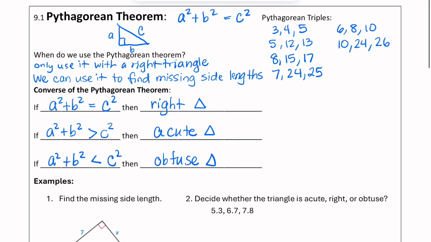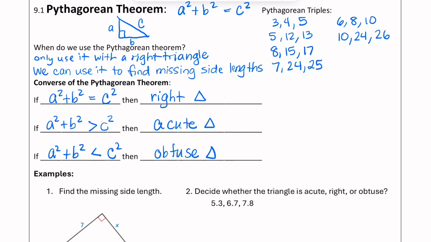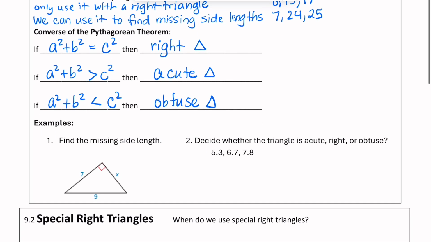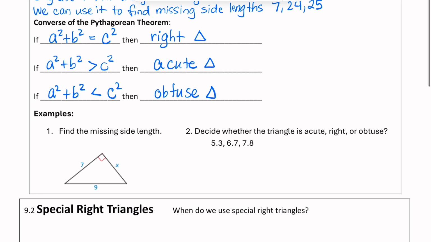Okay, so here's a couple examples of when we can use the Pythagorean theorem. In number 1, it wants us to find the missing side length. So remember, we're using a squared plus b squared equals c squared. Which of these sides represents c? Well, remember, c is always opposite of the 90-degree angle. So we're going to be putting 9 in for c. And then 7 and x are the 2 legs. So I'm going to write 7 squared plus x squared equals 9 squared.